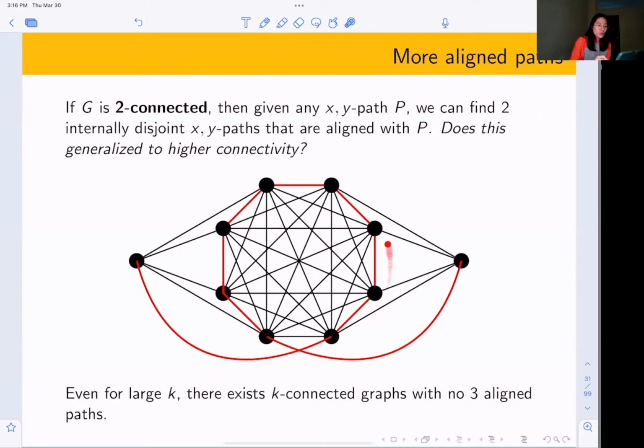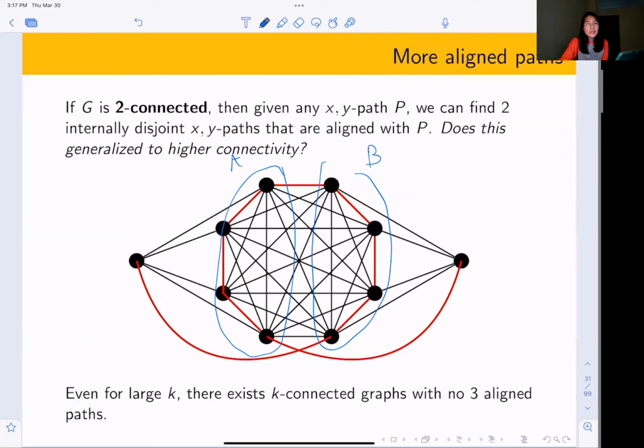So here I have some ginormous complete graph, and I have my vertices in A and vertices in B inside the clique, and I add 2 new vertices, X and Y, such that X is adjacent to all vertices in A and only one vertex of B, and similar for Y. So the path here, which I have drawn in red, has all of the vertices in B appearing before all of the vertices in A. So if we want to find some aligned paths, they must also have the B vertices before the A vertices.